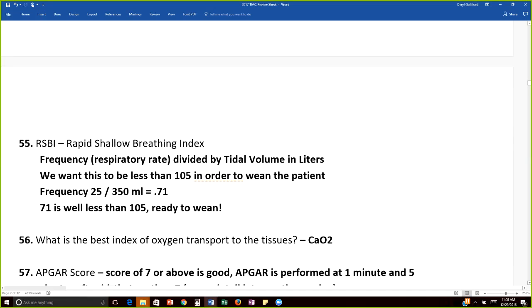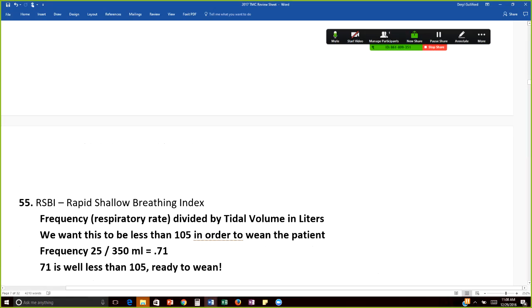Rapid shallow breathing index, you very well may have something about this. That's kind of a new and important way of looking at weaning readiness. Take the frequency, that's the respiratory rate, divided by the tidal volume in liters. We want it to be less than 105 in order to effectively wean the patient.